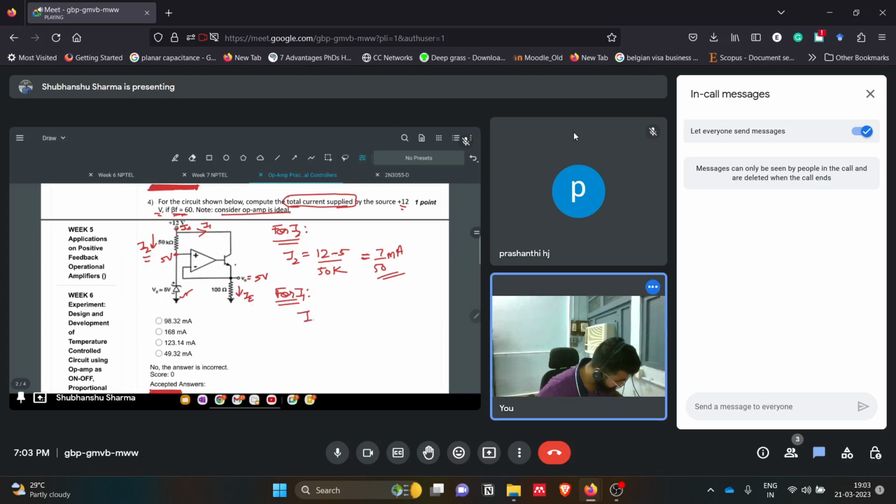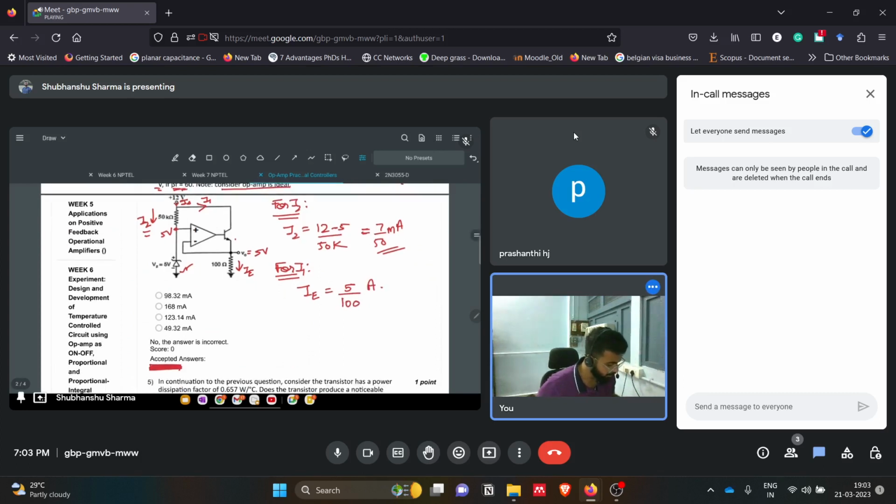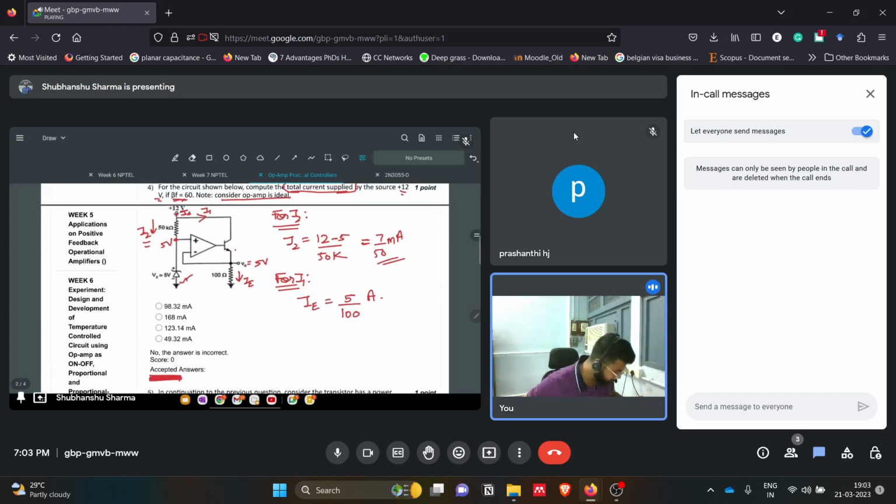So IE will be 5 by 100 amps, that is basically 50 milliamps. But now we are talking about I1. So I1 is the collector current of this transistor.